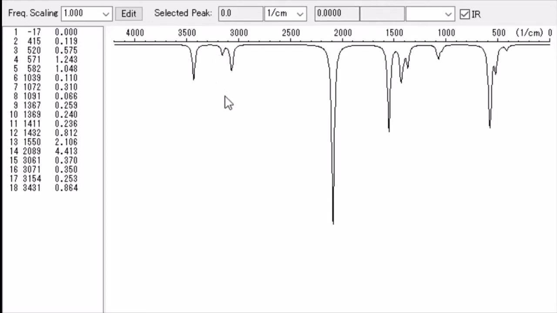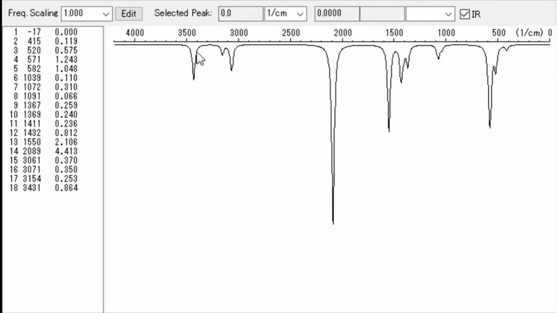You could not see the broad peak because we are excluding solvent in theoretical calculation. If we include solvent, we may get this broad peak. Here we can see the animation of the molecule. This is the simulated IR spectrum for acetic acid.